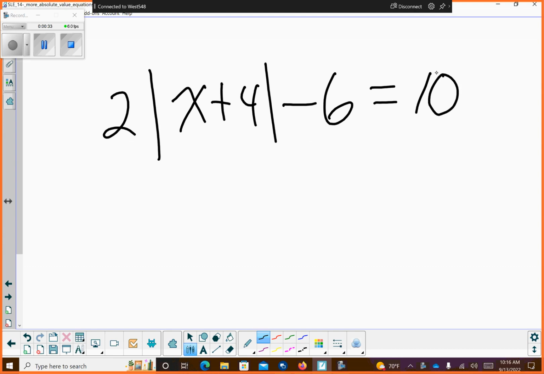Okay, so this is kind of a lot of meat and potatoes on this problem. Agree? What are those two vertical lines? What is that called? What kind of equation? Absolute value. Okay, so remember, absolute value is dealing with distance. But it's not dealing with distance unless the absolute value sign is all by itself.